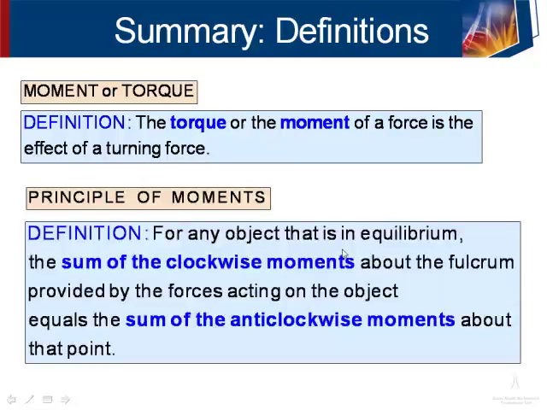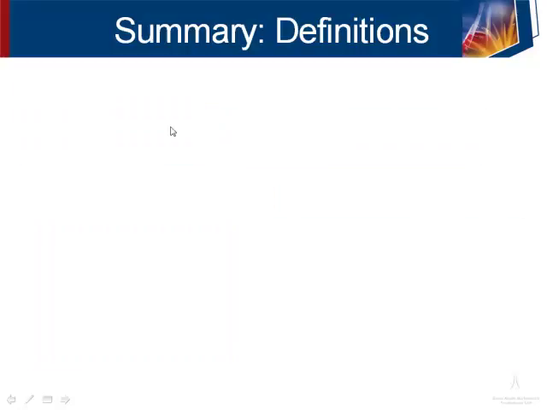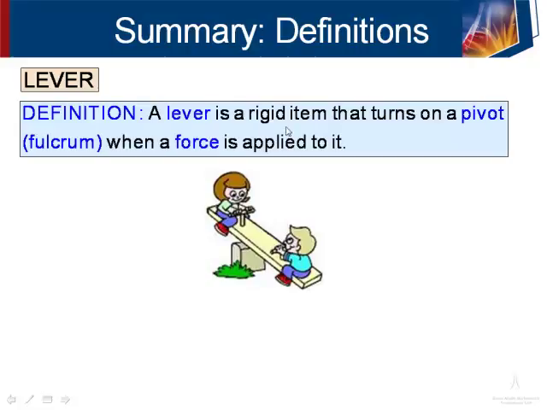For any object that is in equilibrium, the sum of the clockwise moments about the fulcrum provided by the forces acting on the object equals the sum of the anti-clockwise moments about that point. Definition of a lever. A lever is a rigid item that turns on a pivot or a fulcrum when a force is applied to it.